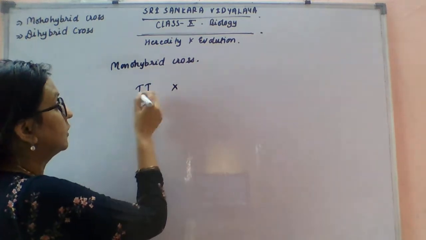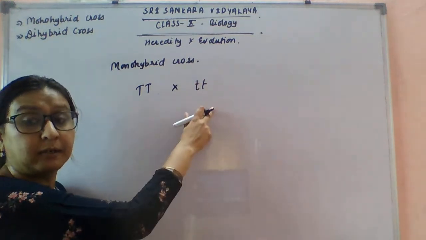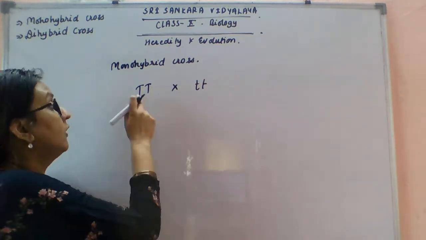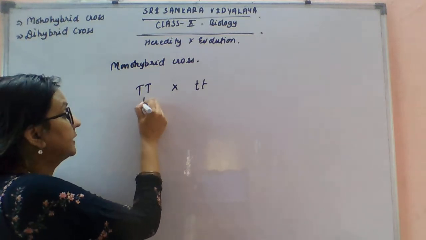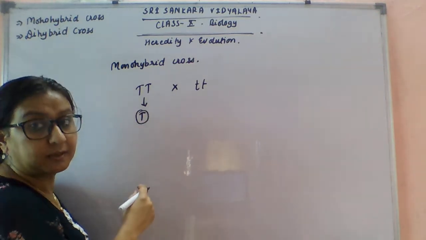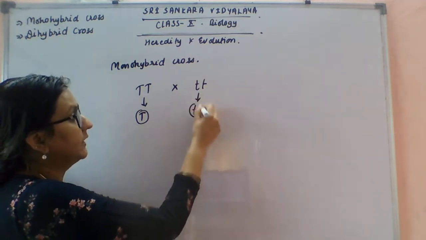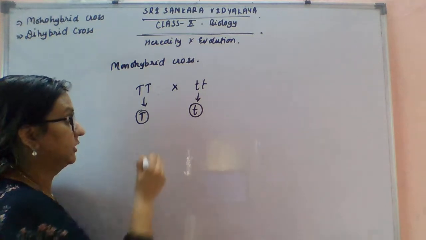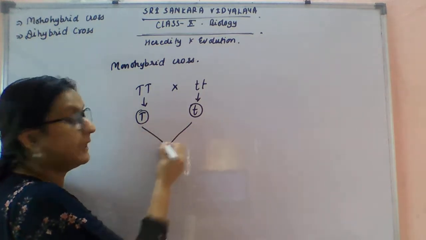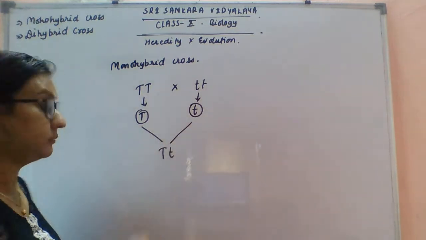We will cross the tall plant with the dwarf plant. From here the capital T gene gets transferred to the offspring, and from here the small t gets transferred to the next generation. So the offspring will be capital T and small t.